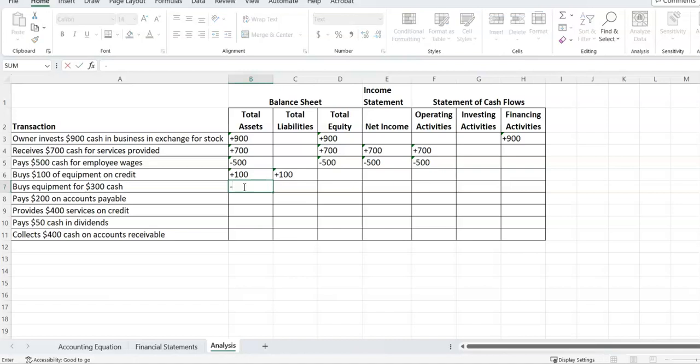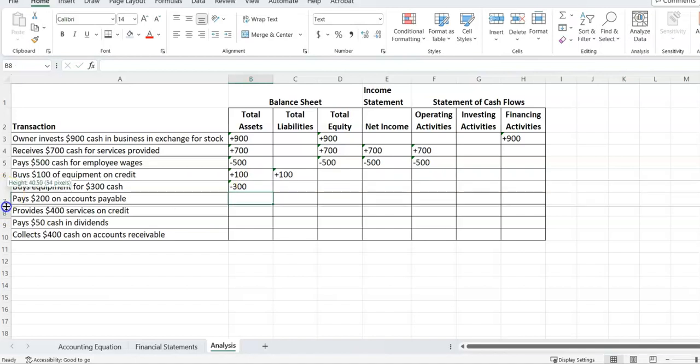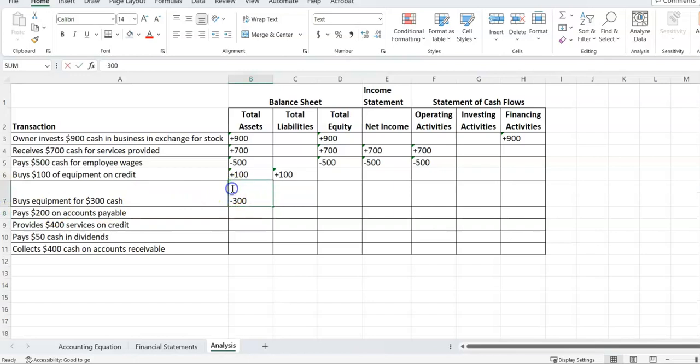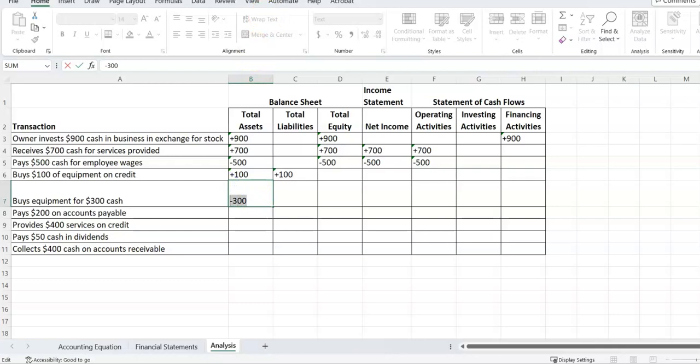So we have negative $300 that we reduced in cash. And then we're also going to increase $300 because we increased equipment.